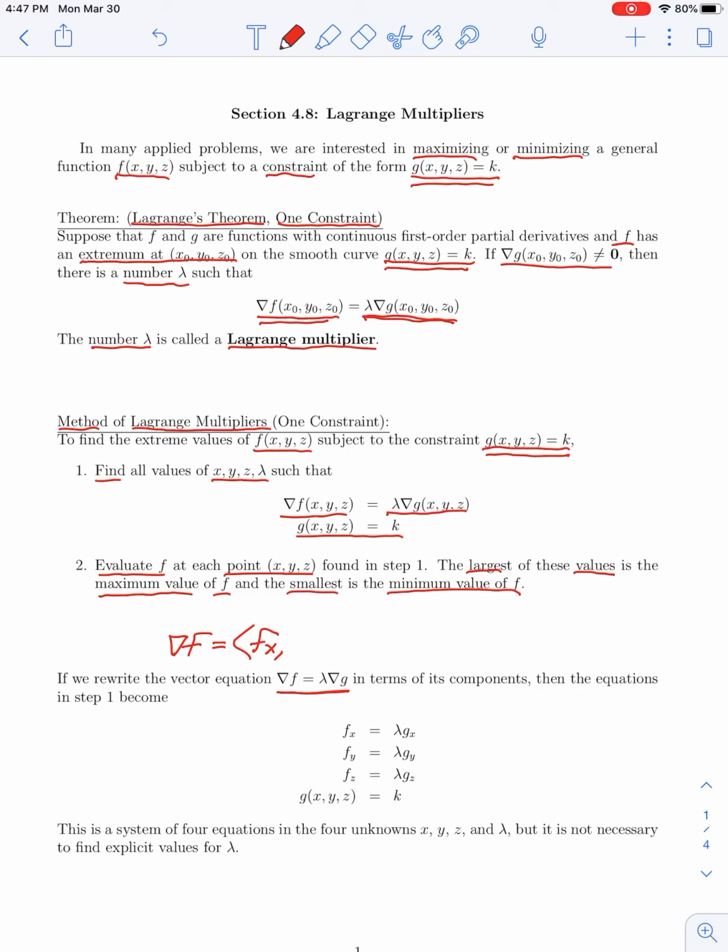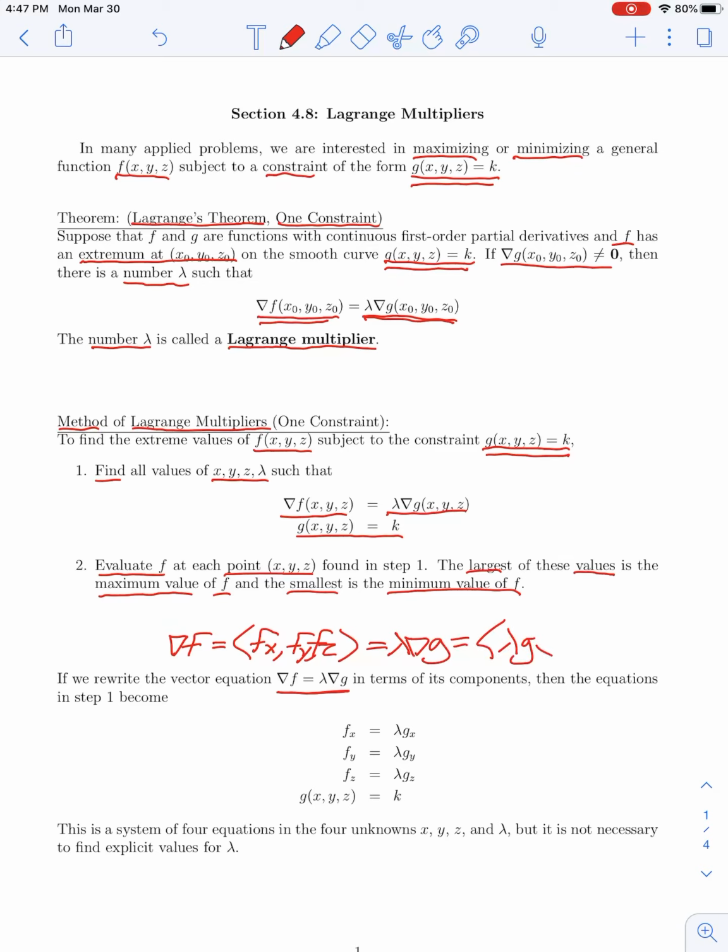And the reason is, if we look at the gradient of f, well, the gradient of f is the vector function whose components are the partial derivatives of f with respect to x, y, and z.